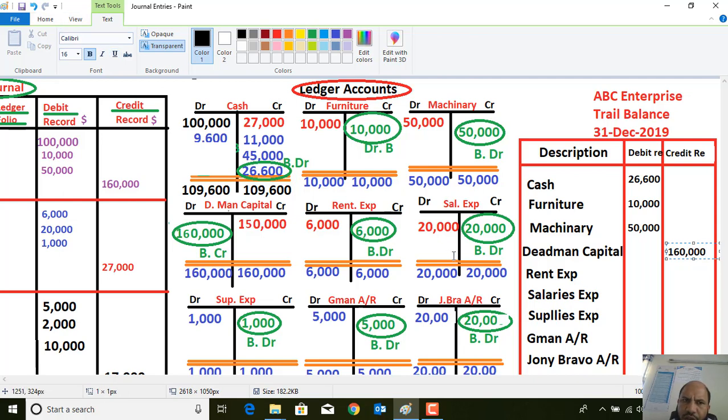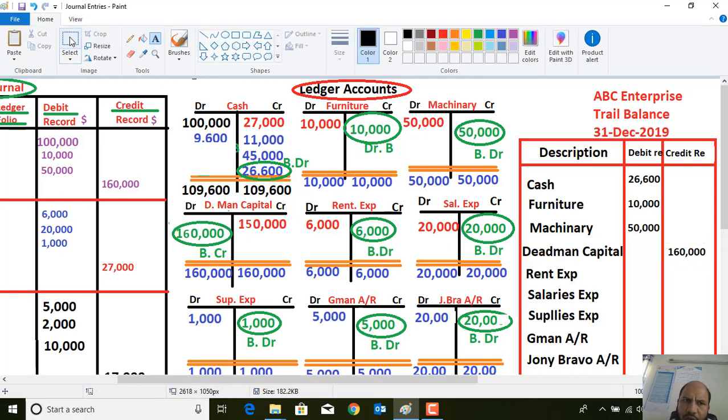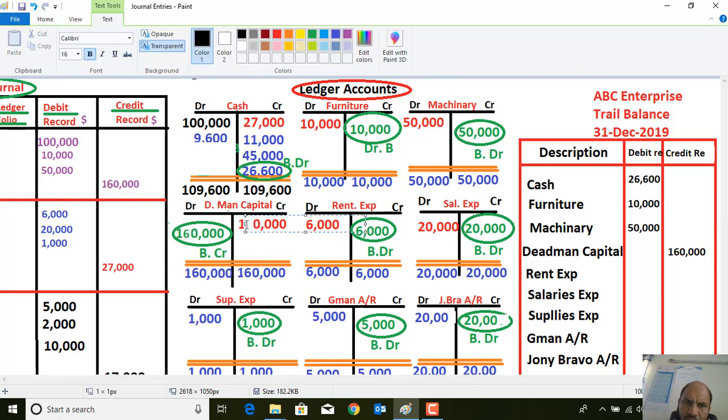In the same way dear students, we have a mistake over here. We do not have 1,50,000, but we have 1,60,000 rupees. So let's write down 1,60,000. So 60,000 is the balance.